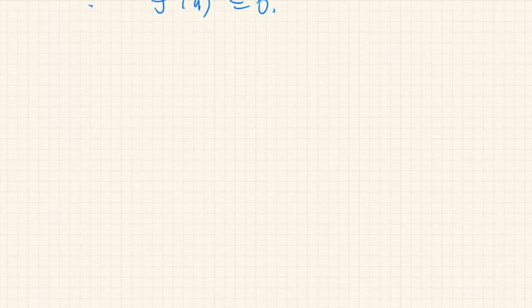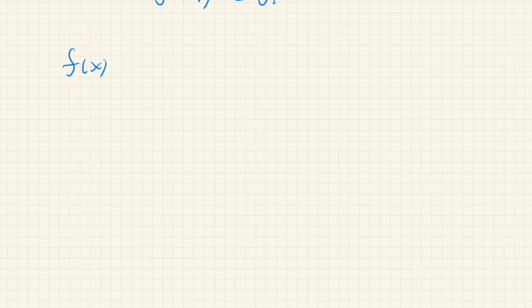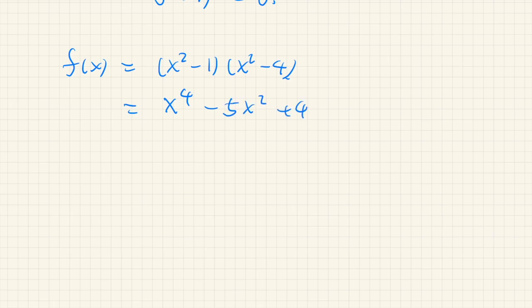An example. Let's go back to the previous example where f of x was x squared minus 1 times x squared minus 4, that was x to the power of 4 minus 5x squared plus 4. We knew that this takes a local maximum value at x equal to 0. So let's evaluate the differential coefficient at x equal to 0.